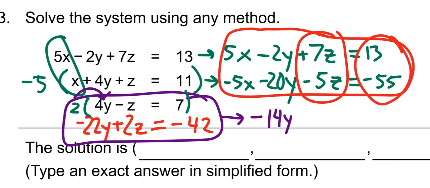So 2 times -2z, or -4z, those z's are going to cancel out. So I don't have to worry about those, but 2 times 7 is 14.